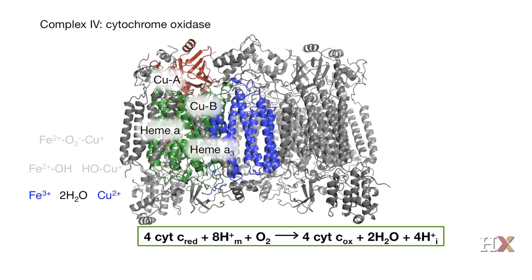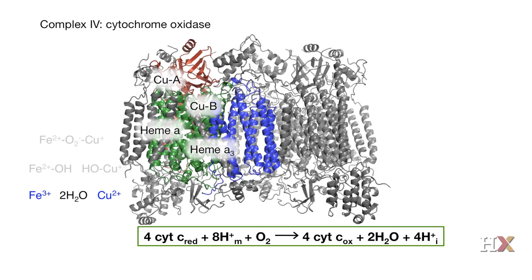So overall, 4 reduced cytochrome C are consumed, are oxidized. 1 molecule of oxygen is converted into 2 molecules of water. And 8 protons from the matrix are consumed. 4 contribute to the formation of 2 molecules of water.